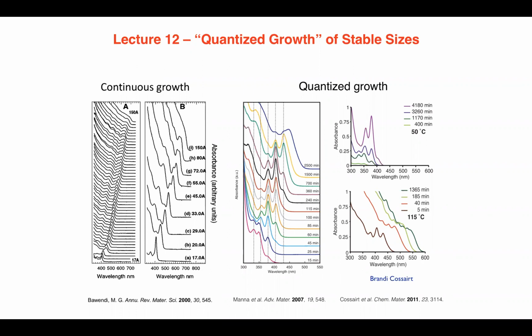You can tell the crystals apart. A few atoms shift the spectrum in a measurable way, so you get a smooth evolution. But if you look down here at really small sizes, monitored at lower temperatures, you can actually make these little clusters where each of these excitonic transitions only appears at specific wavelengths.